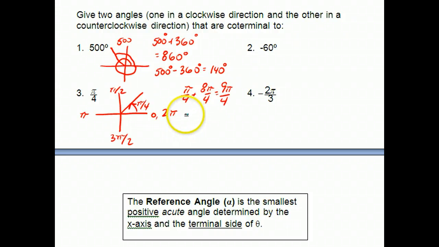Okay, so that's one of them. It's one angle. Let's do the other. So I'm going to start at pi over 4 again, except this time I'm going to measure back in a clockwise direction. So I'm going to subtract 8 pi over 4. So that's going to give me minus 7 pi over 4.